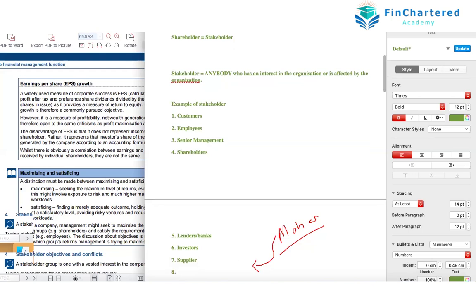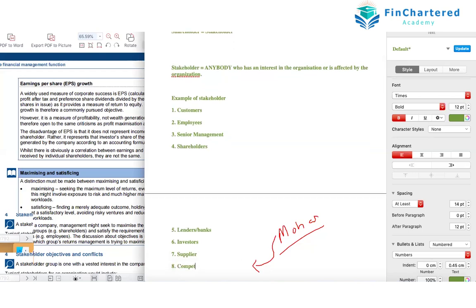Supplier is also a stakeholder. What about competitors? Again, there are so many other institutes in India. I don't know how many of you studied with institutes before. Have you, Harshika? Yes. So, without naming them, they are competing with us in providing this service to you. So obviously our competitors want to know what we are doing.